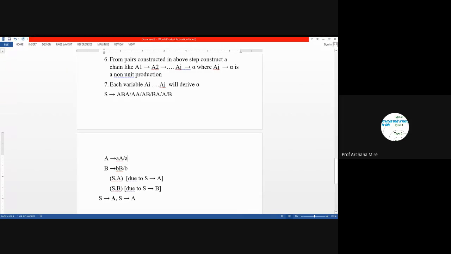One more thing we need to take care of is that a non-terminal A leading to a terminal symbol a is not a unit production. We say a production rule is a unit production only when a single non-terminal leads to a single non-terminal. If a non-terminal leads to a terminal symbol, it is a non-unit production.